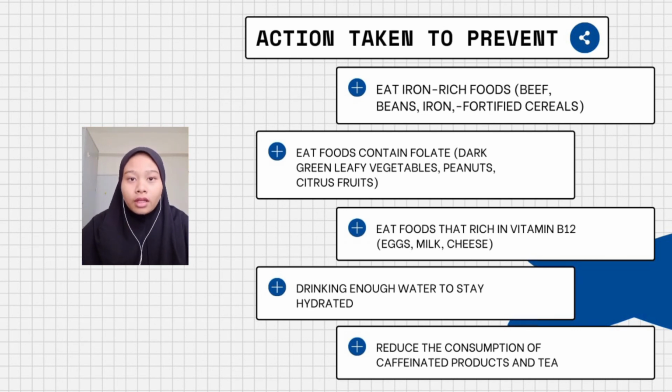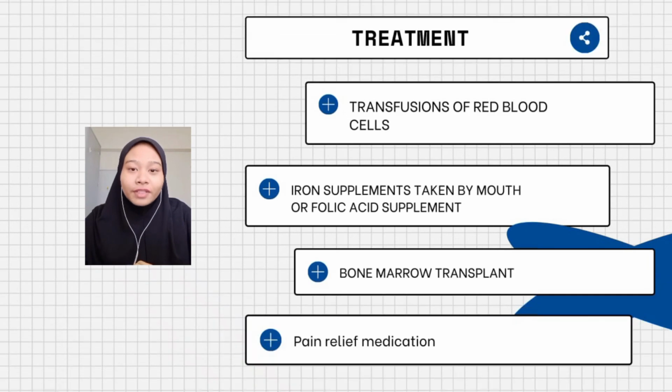Drink enough water to stay hydrated, and also reduce the consumption of caffeinated products and tea. The most effective treatments for anemia are transfusions of red blood cells, iron supplements, folic acid supplements, and also bone marrow transplant.